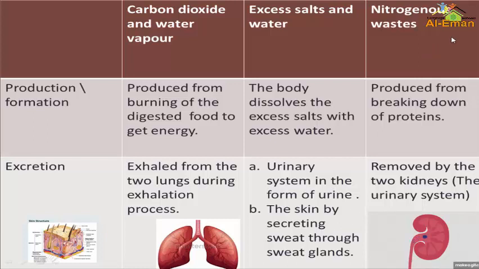The last one, nitrogenous waste, is produced from the breaking down of protein, and we can get rid of it by the two kidneys, or the urinary system.